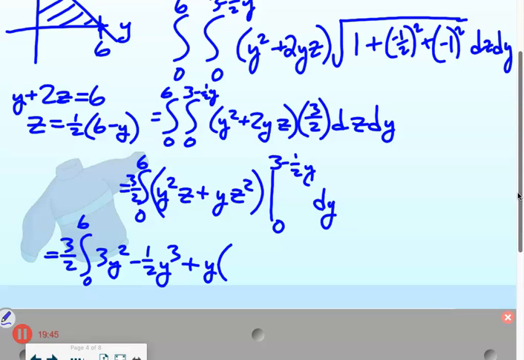I'm going to have to square it out because I don't have a y times a y. So 9 minus 3 halves minus 3 halves, which is minus 3y plus 1/4 y squared. All right, minus 0 dy.